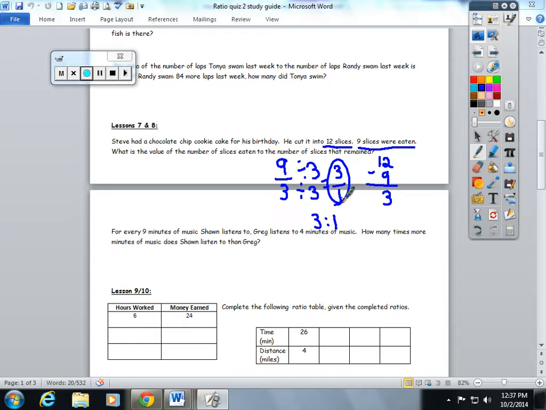So Sean listens to 9 minutes and 9 over 4. And then you just do how many times 4 goes into 9. So it goes into it twice, so it goes over 1 over 4. And that's your answer.